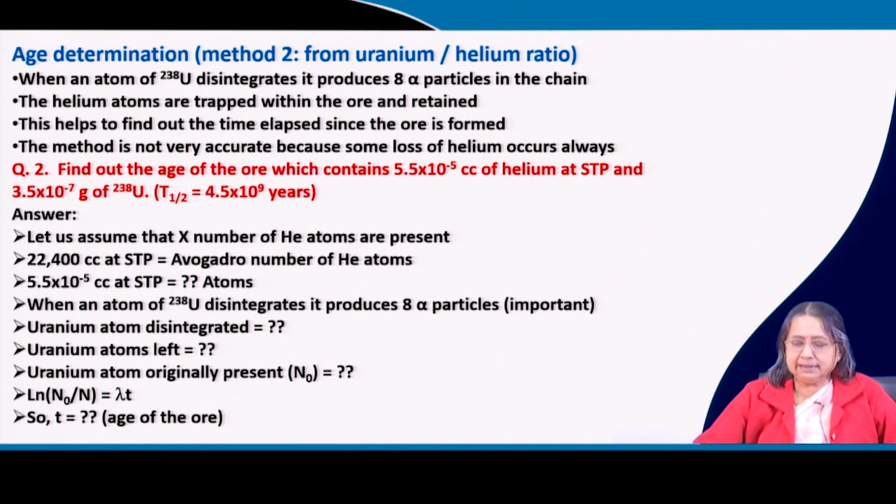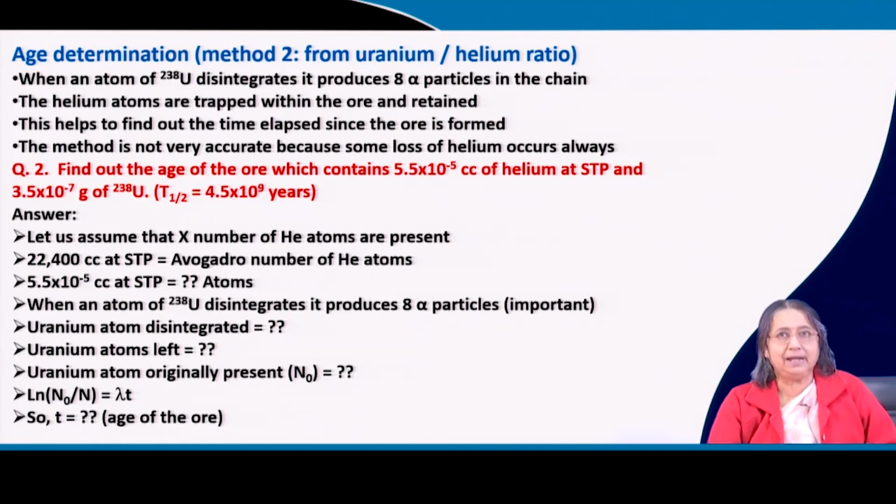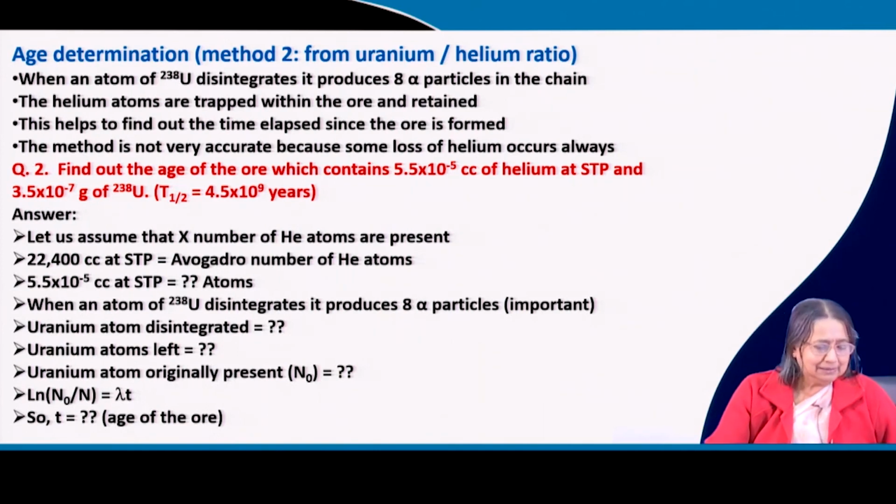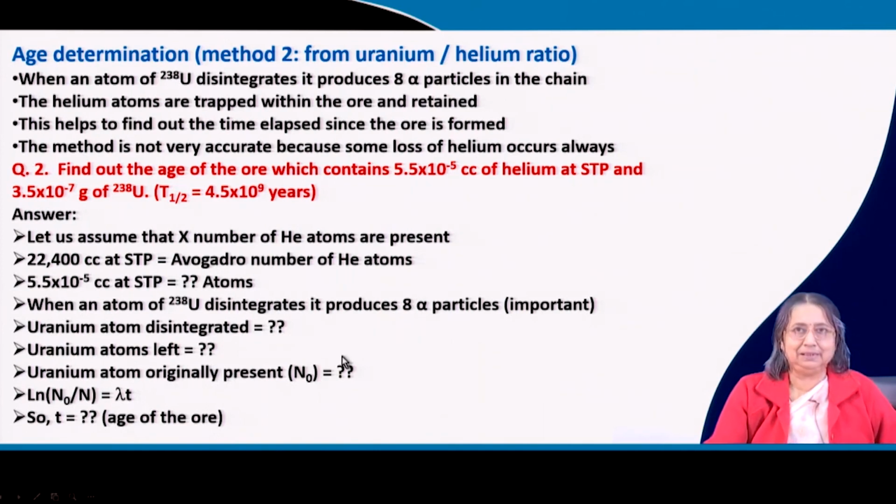How much has disintegrated you can find out from the helium, how many atoms of helium you obtain, and for each uranium atom 8 helium atoms are produced. That also you have to consider. You can try this, it is a very interesting problem.